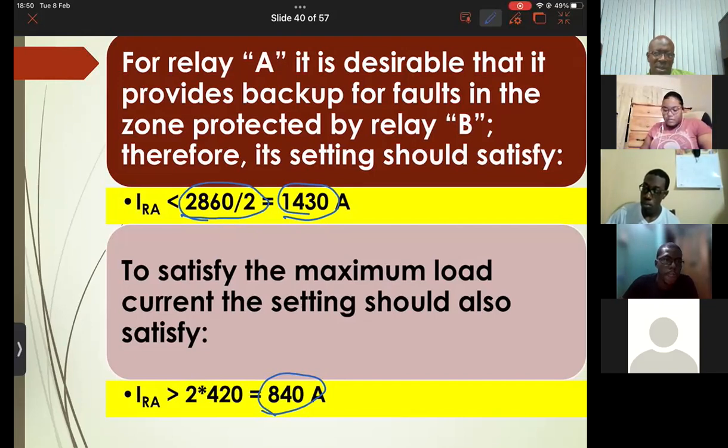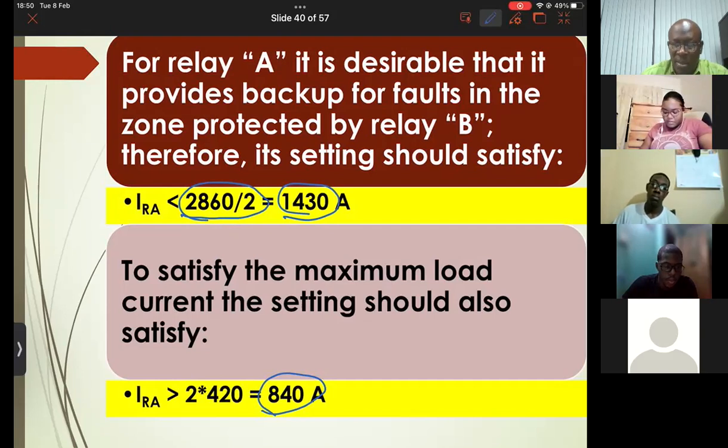What's the maximum setting? What's the maximum percentage? 200. What's the CT setting? 400. So what's the maximum I can get from this? So will it be 800? 800. All right?